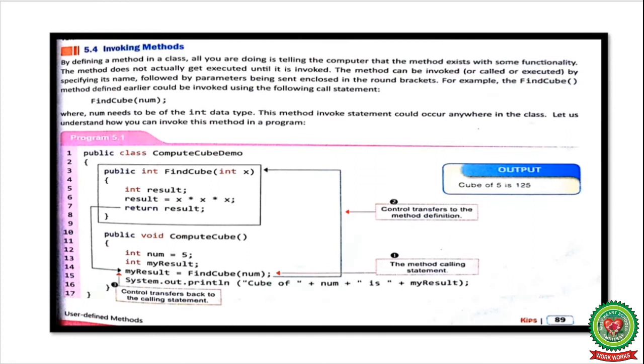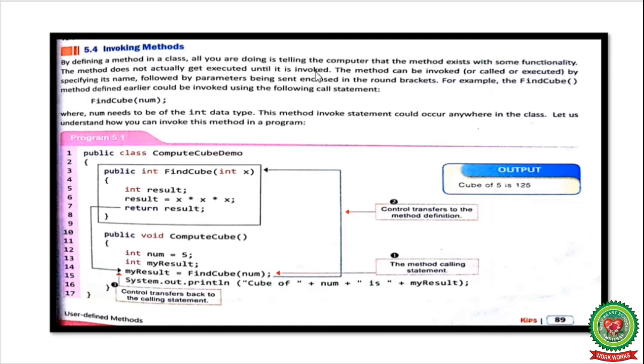Students, come to page number 89. Our next topic is invoking methods. Invoking means calling. By defining a method in a class, all you are doing is telling the computer that the method exists with some functionality, meaning it has some purpose. The method does not actually get executed until it is invoked.